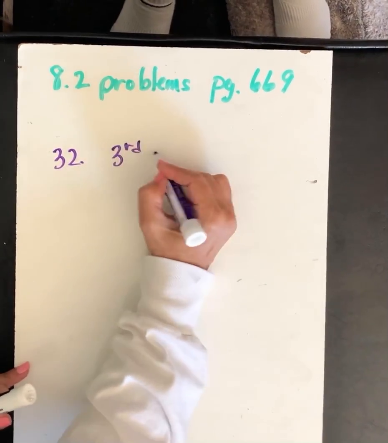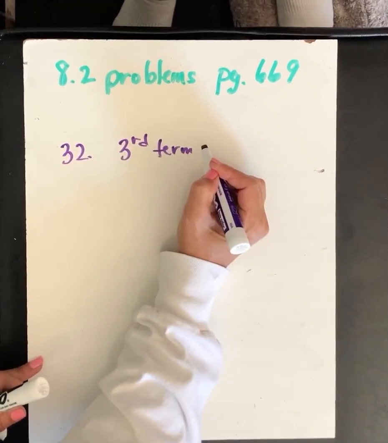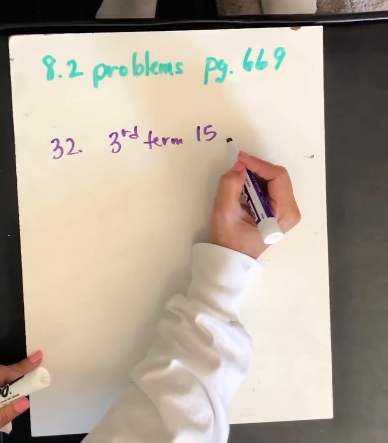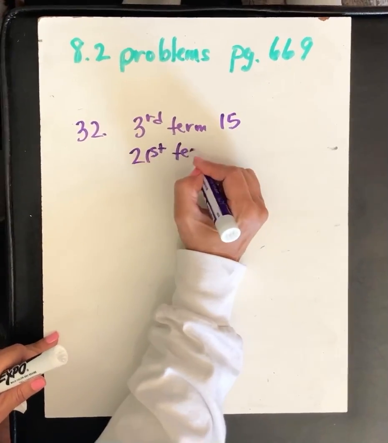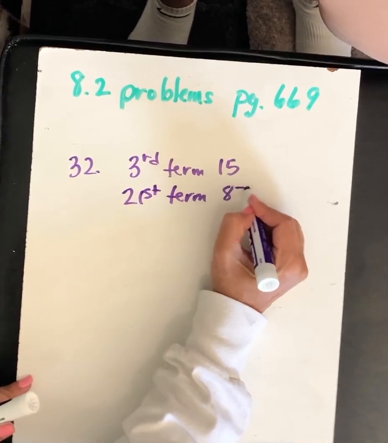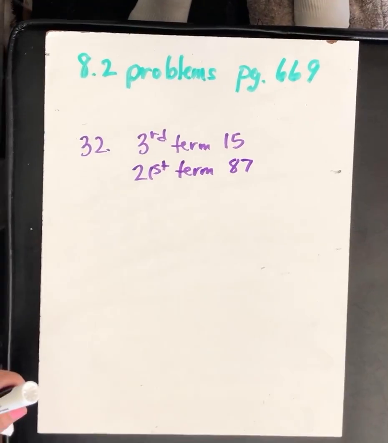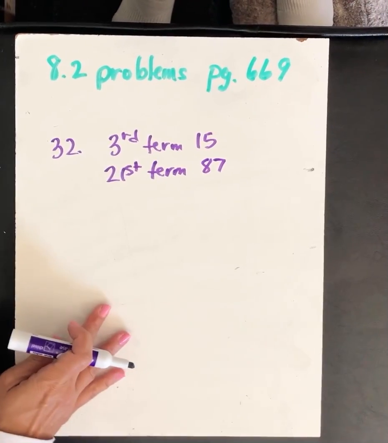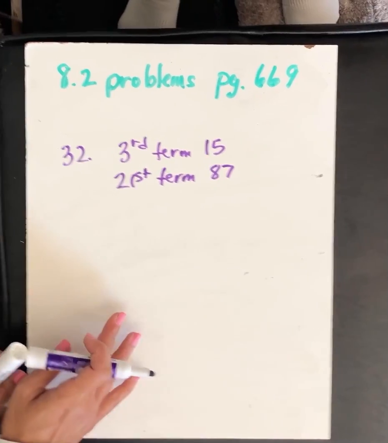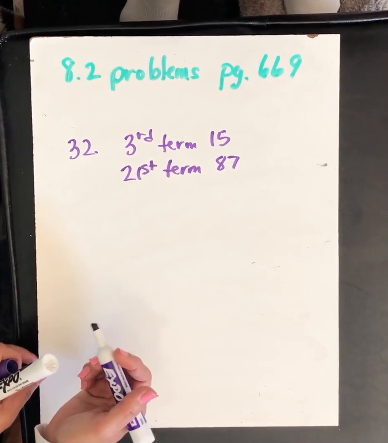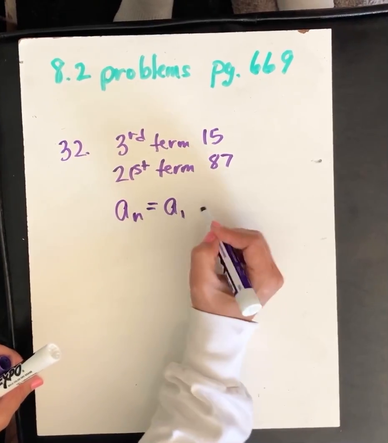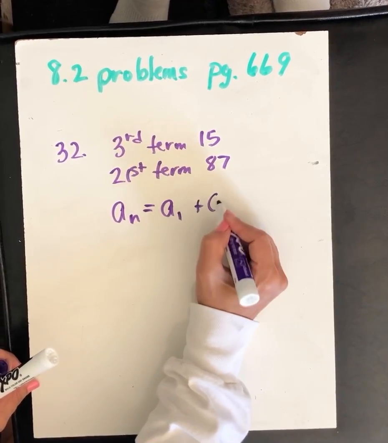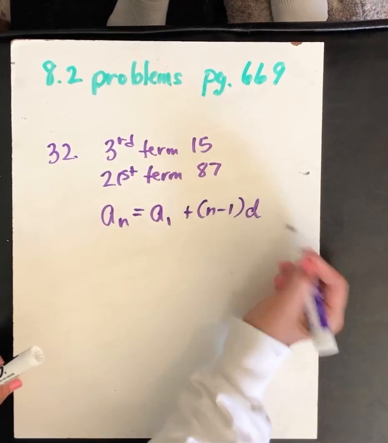So they tell us the third term is 15, and the 21st term is 87. So on 32, again, we're trying to come up with the formula for the nth term. So we will be using this again. A subscript n equals a subscript 1 plus n minus 1 times d.